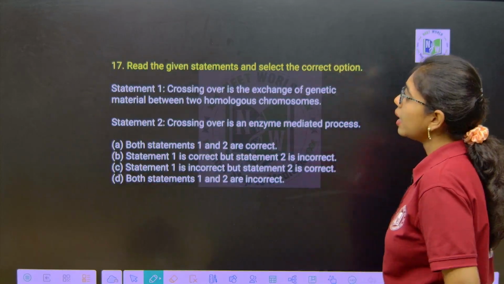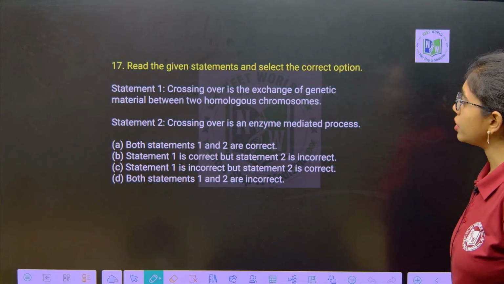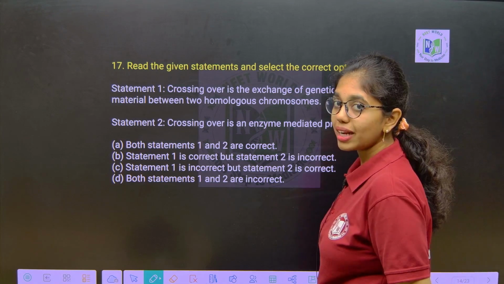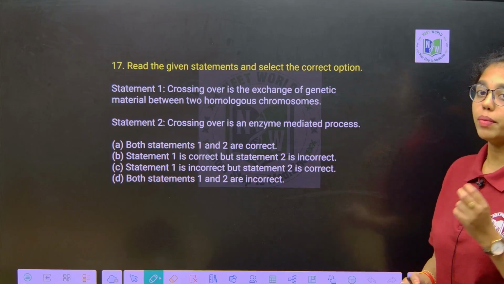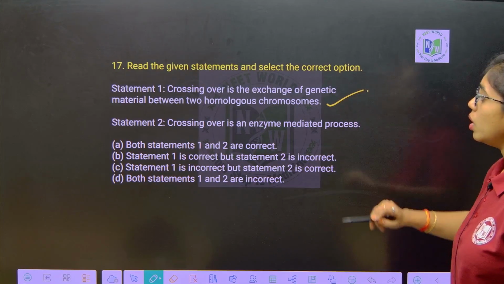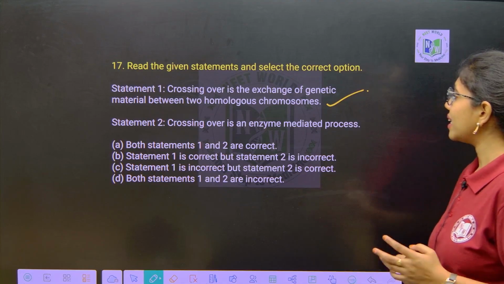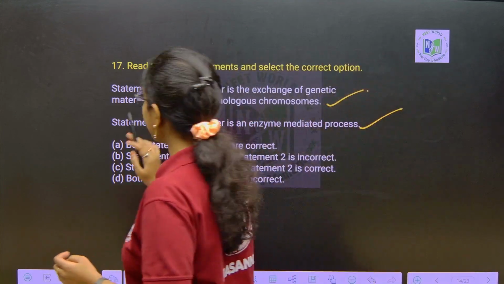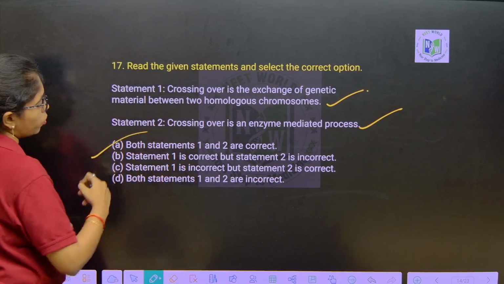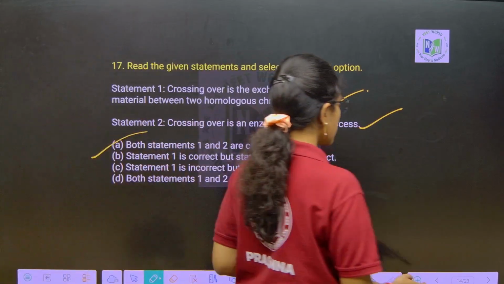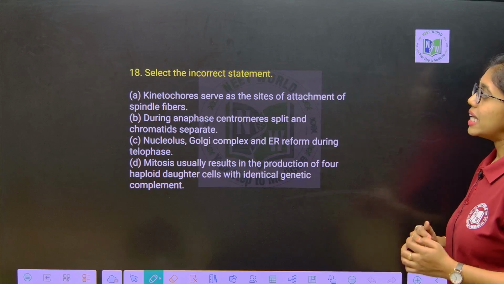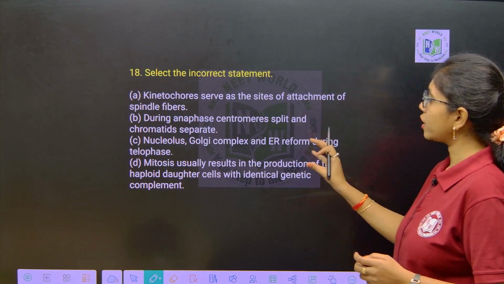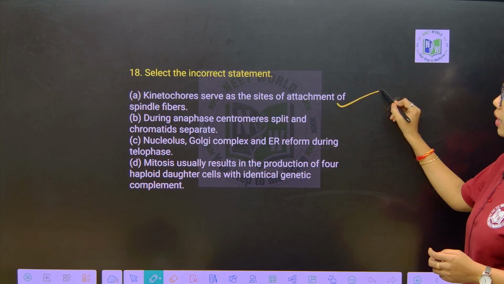Next, read the given statements and select the correct option. Statement 1, crossing over is nothing but exchange of genetic material between two homologous chromosomes, true. Statement 2, crossing over is an enzyme mediated process, correct. Both statements are correct. Then, select the incorrect statement. Kinetochores serve as sites of attachment of spindle fibers, true.